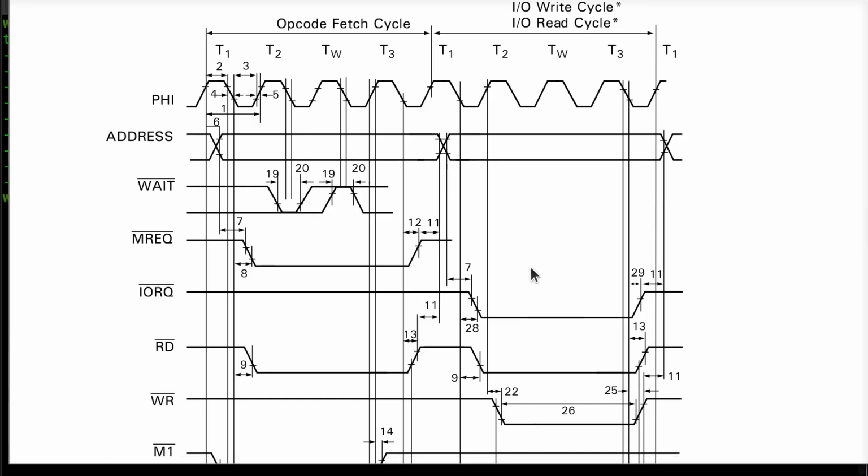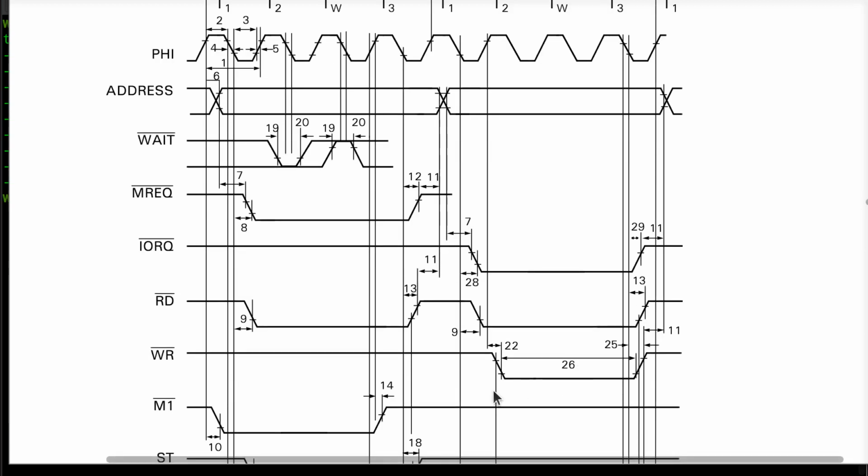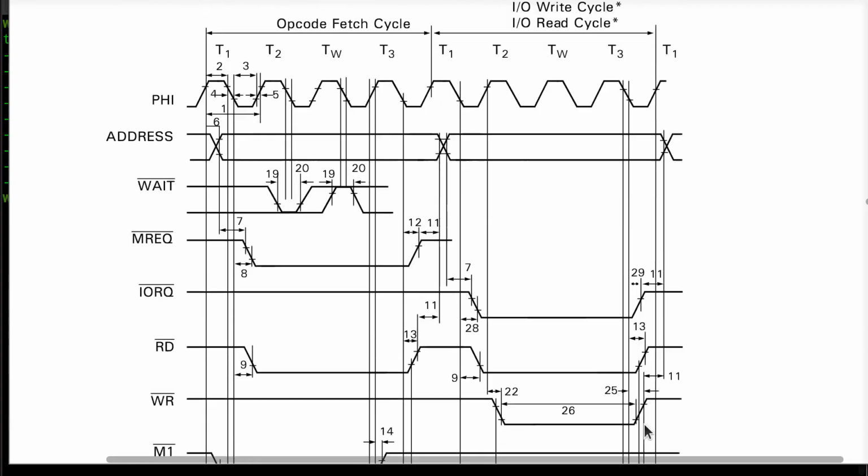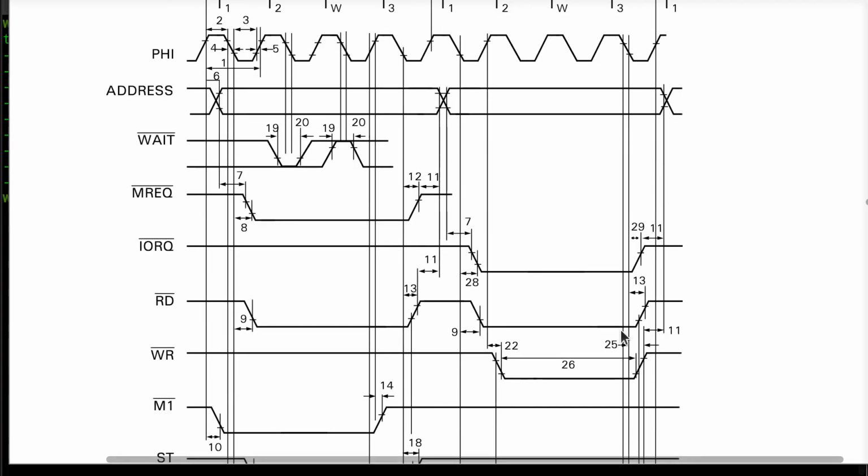Now, I'll do a very similar thing with writing, but where writing is concerned, I want to write it as late as possible, but not too late, because the CPU is sending me the data in that scenario, and it may not be stable on the bus. Again, it might quiver around and ring a little bit before it stabilizes, so I want to consume it as late as I can.